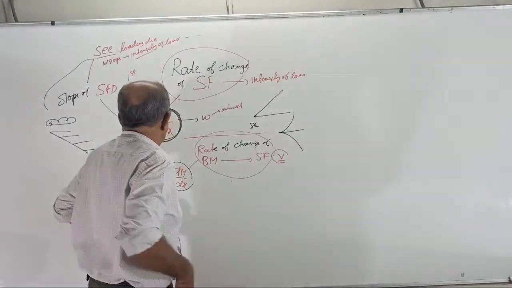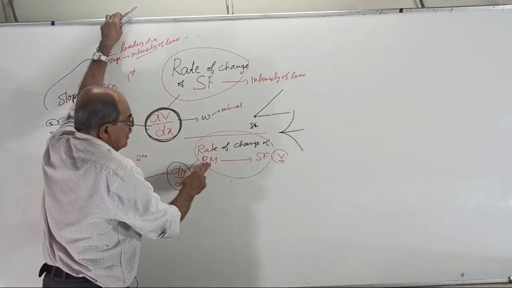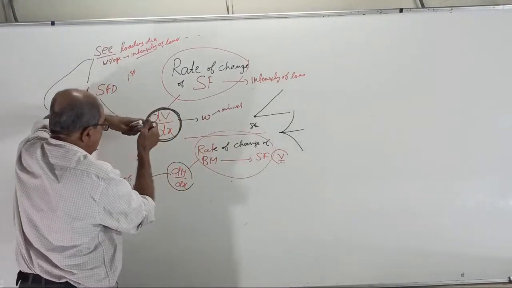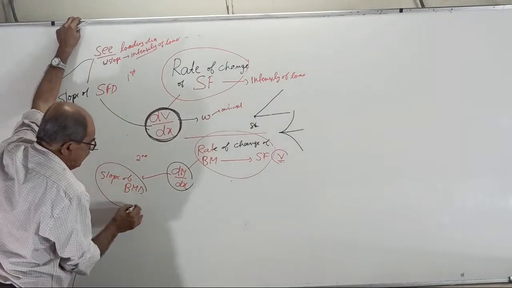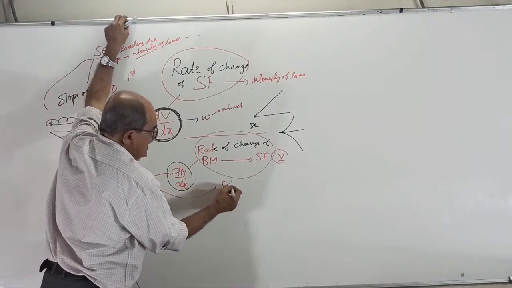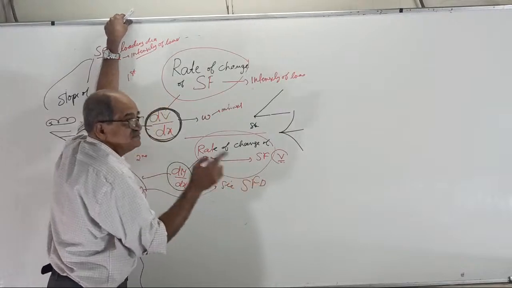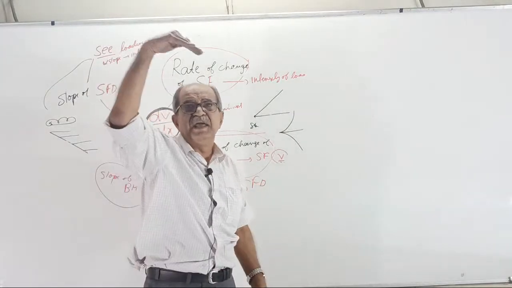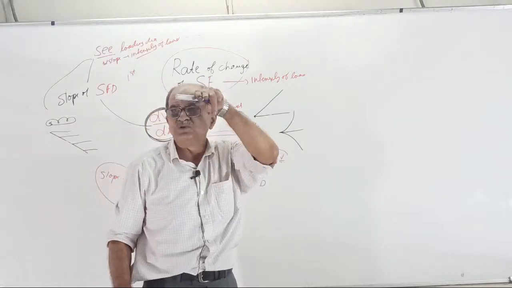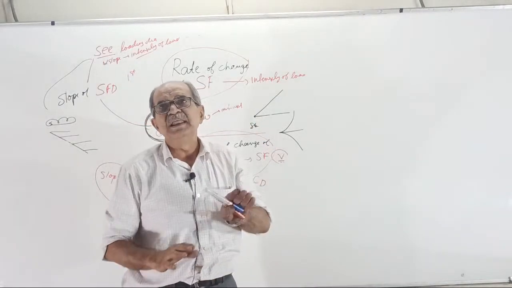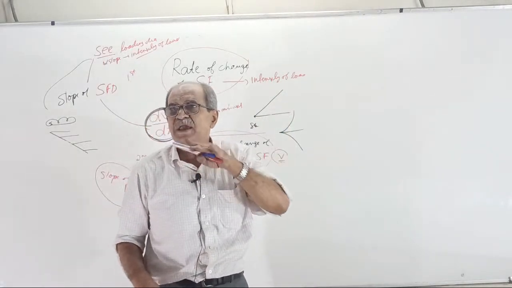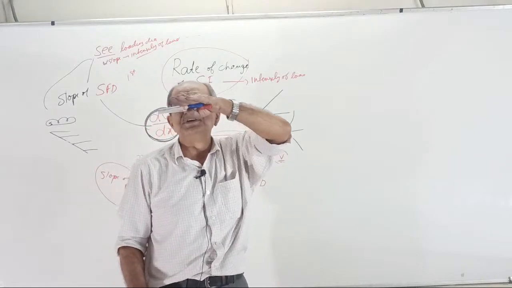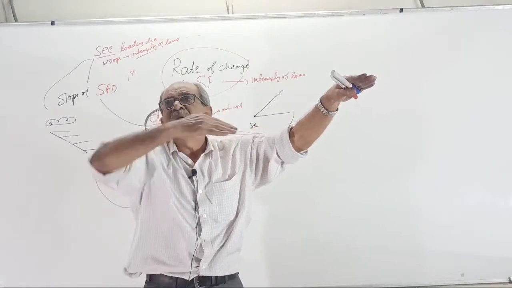Okay, now same way. Rate of change of BM is shear force. Therefore, if you want to see the slope for BMD, see the shear force diagram. If shear force decreases, BM slope also decreases. If shear force increases, BM slope also increases. If shear force is constant, then BM will be linear.